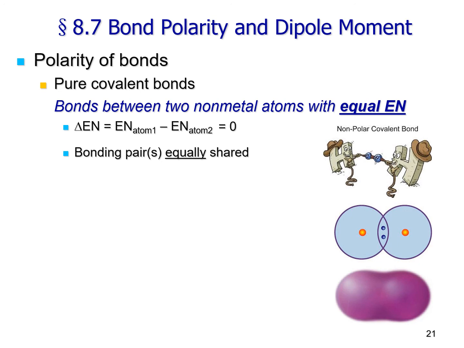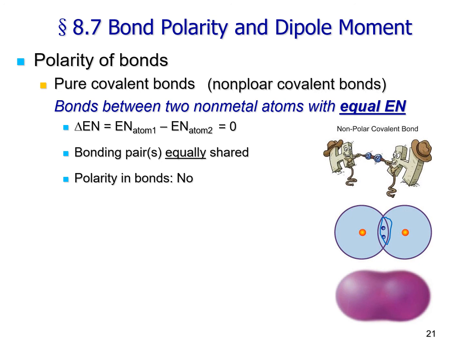This is how we describe the pure covalent bond between the 2 atoms, and we see the electrons staying right in the middle. For a pure covalent bond, there's no polarity whatsoever, no charge buildup. That is the reason why we also call a pure covalent bond a nonpolar covalent bond.